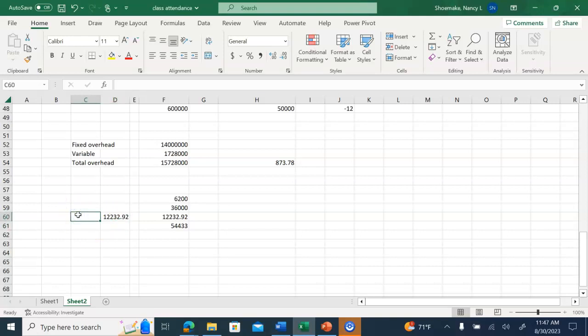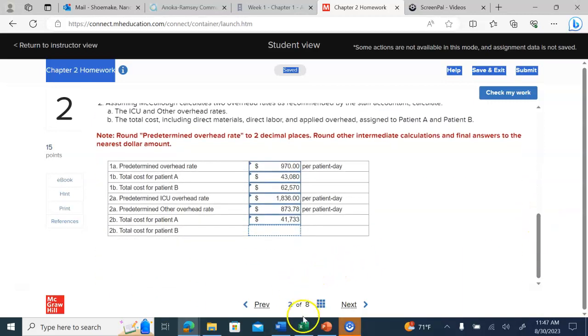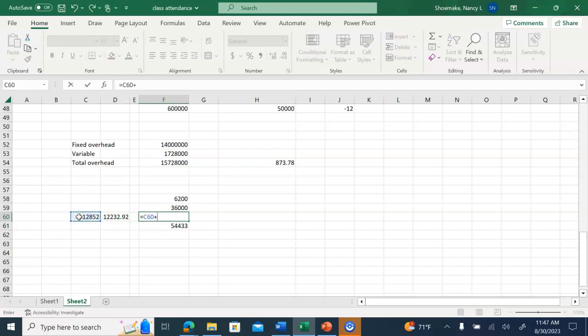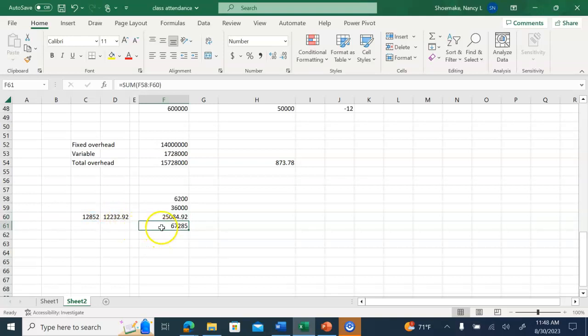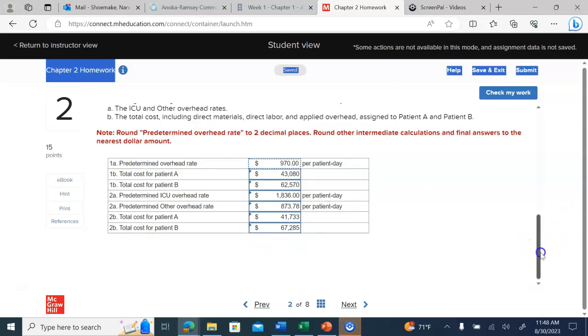And then in ICU, the rate is $1,836. So we've got here 7 days times 1,836. We should have 67,285 cost for patient B. Okay? Is that making sense?